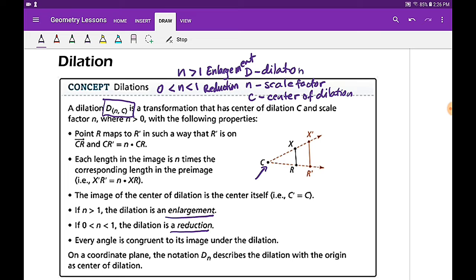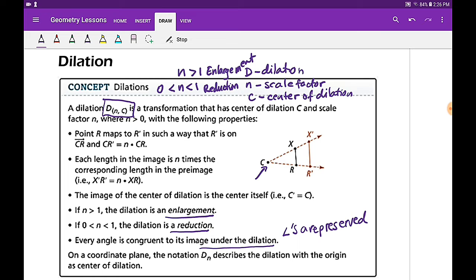Every angle is congruent to its image under the dilation. Another way of saying this is that in a dilation, the angles are preserved. So the measure of an angle does not change after undergoing a dilation.